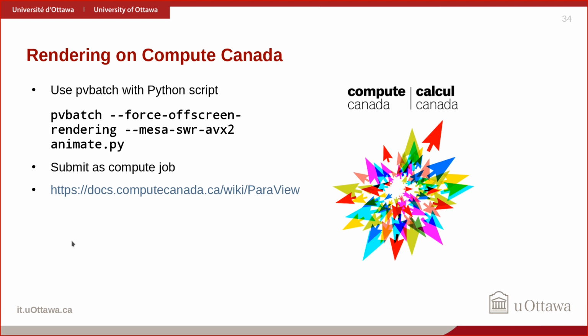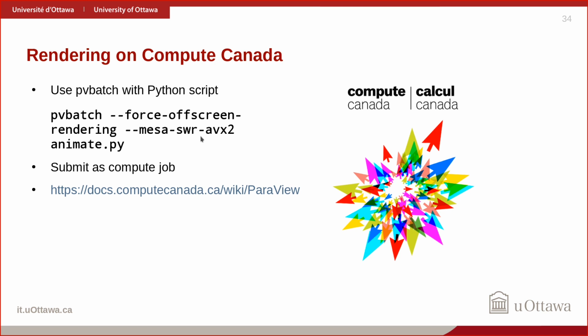Compute Canada clusters don't have any monitors attached to them. So to make a display, it needs to display to something. This line tells it to use Mesa, the software renderer. SWR means software renderer. AVX2 is the chip architecture. This is something that Compute Canada tells you to use, so you don't really have to think about it, you just have to use it.